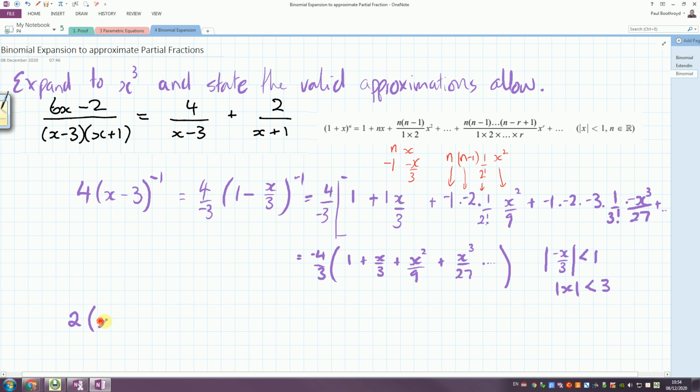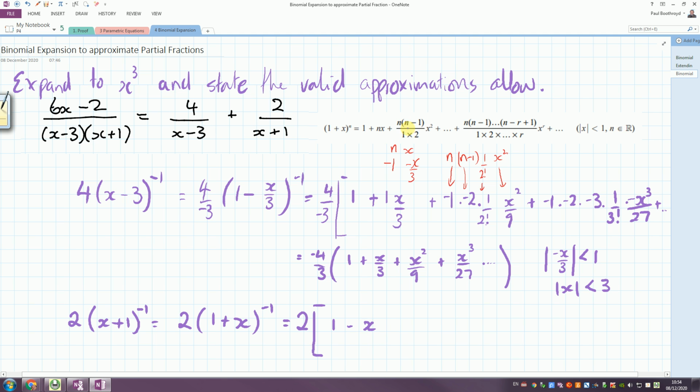So that's 2x plus 1 to the minus 1. That's equal to 2. Rearrange it. It's nicely in our form already. Just need to turn the numbers round. Now it's equal to 2, plug my numbers in. So we've got 1 minus x.